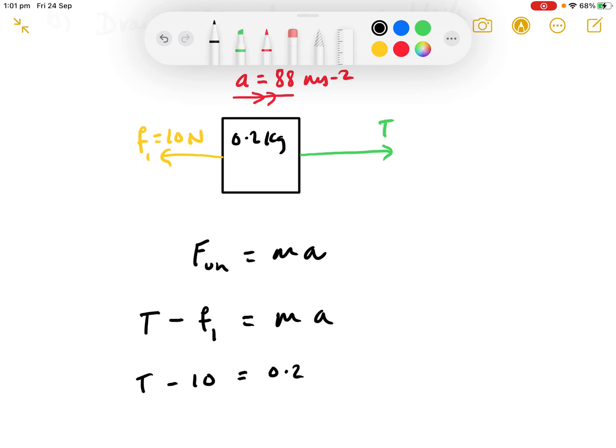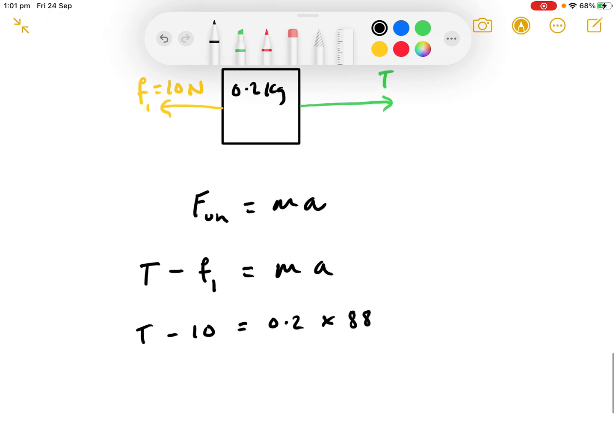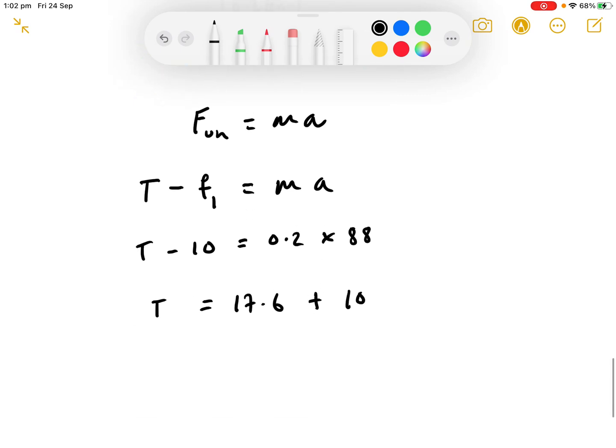Tension is our unknown, put in the numbers then. That's our 88. So using our calculators, 0.2 times 88 gives me 17.6. Bring that minus 10 over and it goes there.